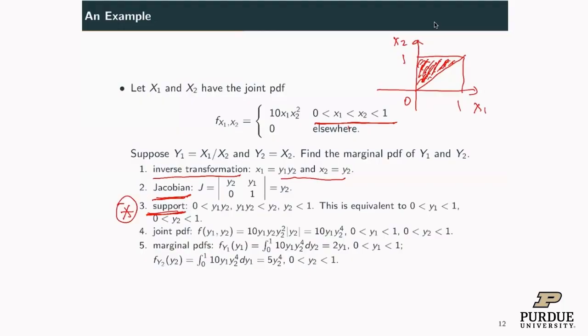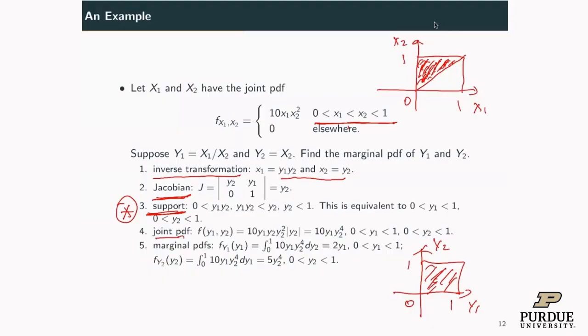Then x1 less than x2 gives y1 y2 less than y2, and y2 less than 1. So for these inequalities, you will get y1 between 0 and 1, y2 between 0 and 1. So that's the support for y1, y2.